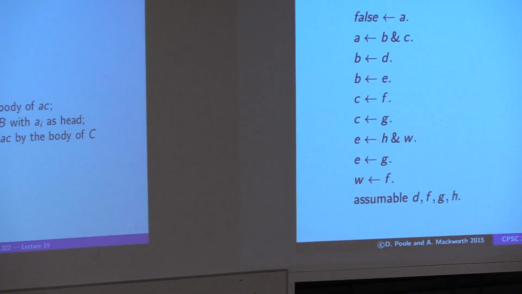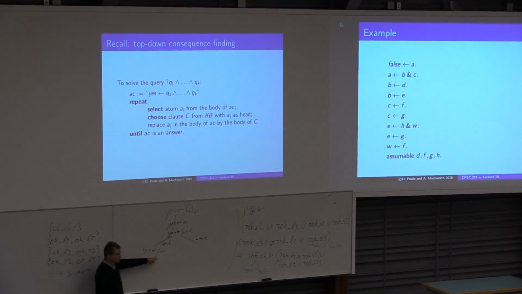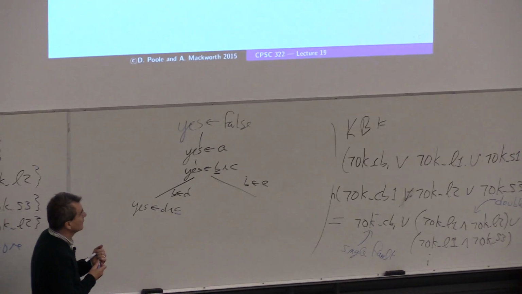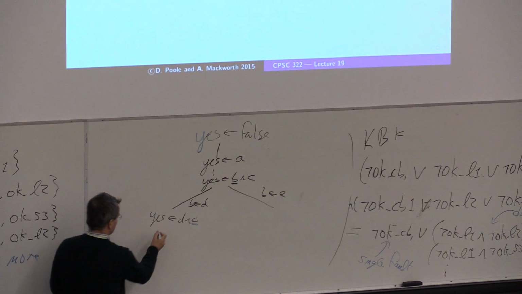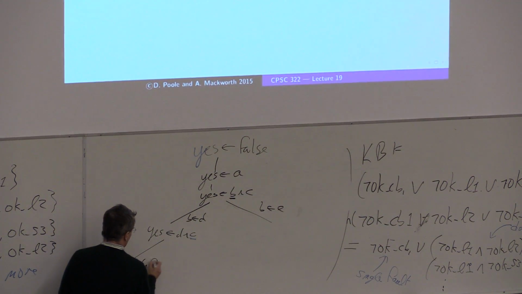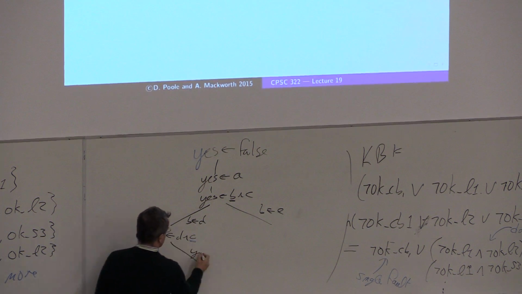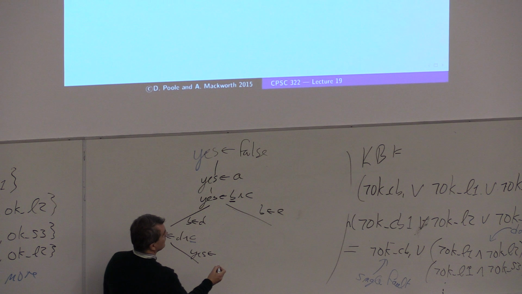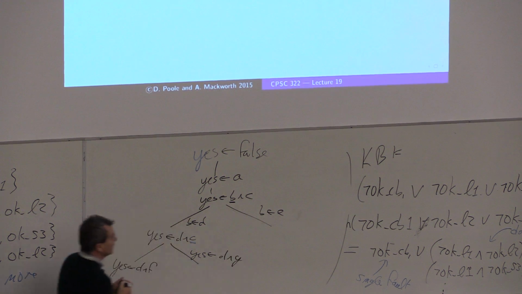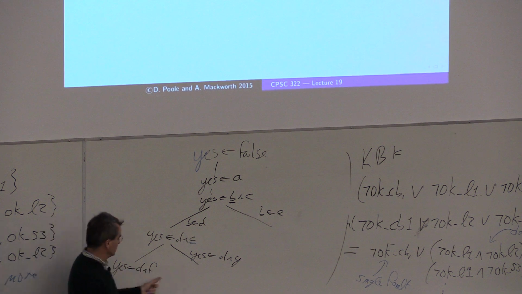So in here we have assumables at the bottom: D, F, G, and H. So what do I select? C. So I'm going to select C. And then I'm going to have C if F. Yes, if D and F. And yes, if D and G. And we have D and F. They're assumables. So we've got to here.